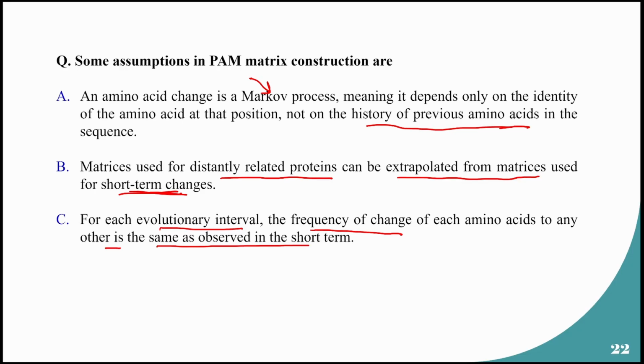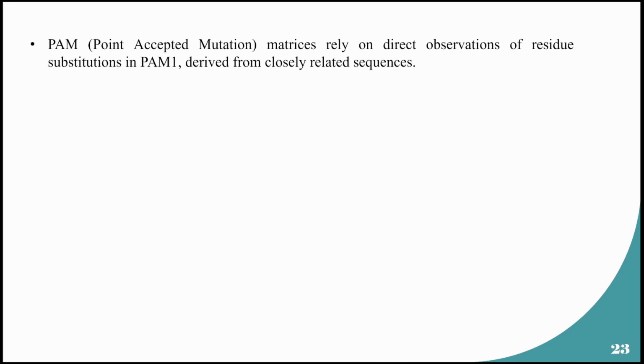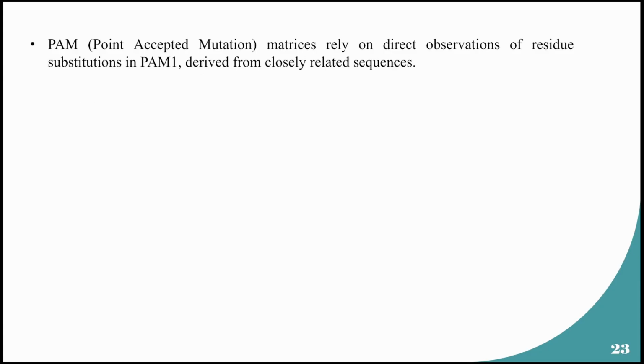So it assumes that for a large span of time also, that frequency will remain the same. These are some assumptions for constructing the PAM matrix. Another one is that it relies on the direct observations of residue substitutions from PAM1 derived from closely related sequences. So that was what the PAM matrix was like, right?